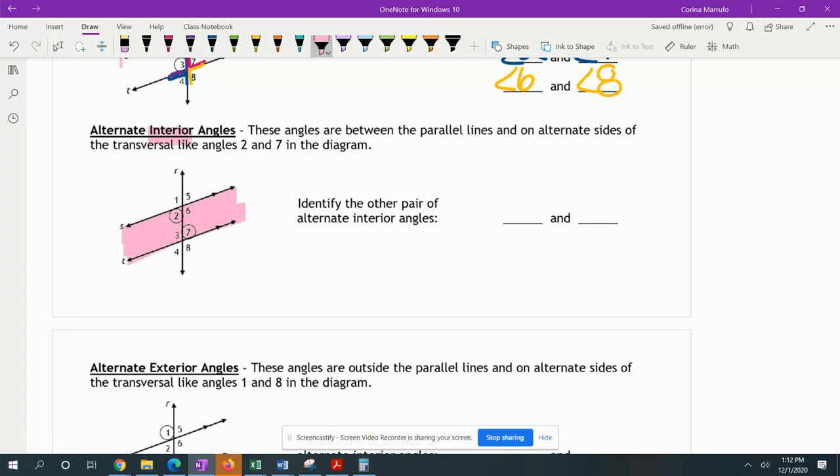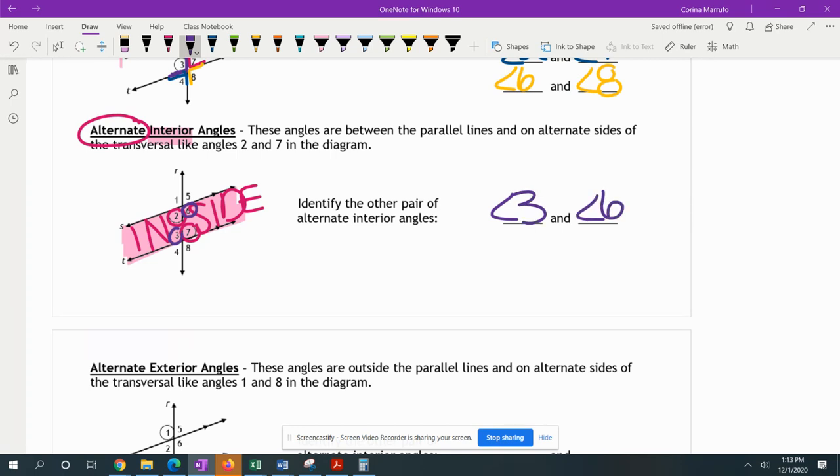That's where the word interior comes from, because this is inside the parallel lines. So 2 and 7 are on alternate sides of the transversal. The other pair of alternate interior angles would be 3 and 6.